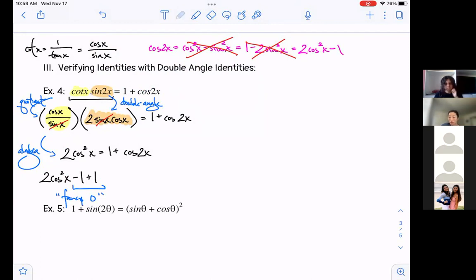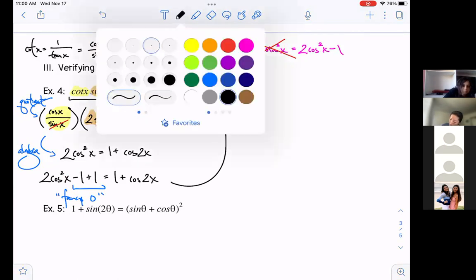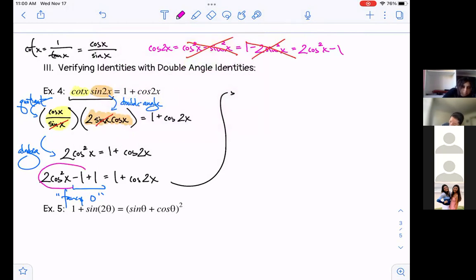I didn't change anything, but I did make it so that I could match what I wanted to match. Okay. Now, this 2 cosine squared minus 1, I can write as cosine 2x.